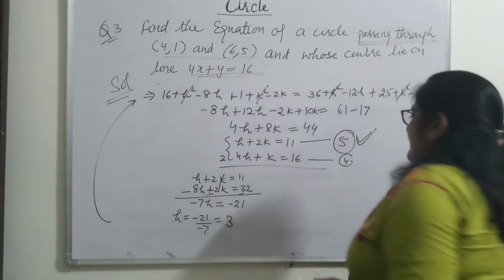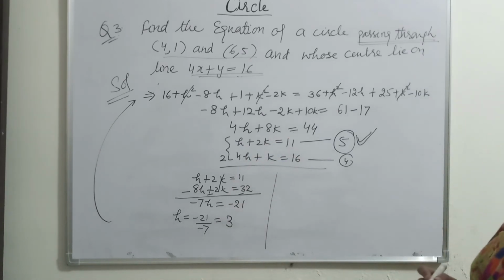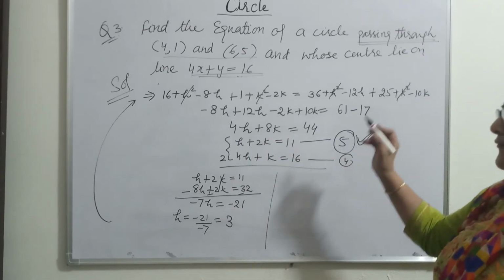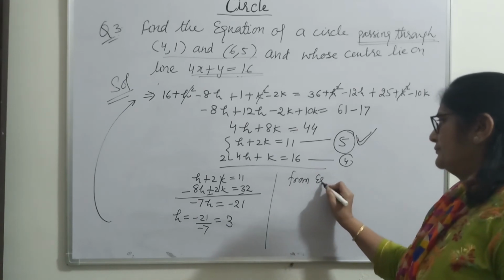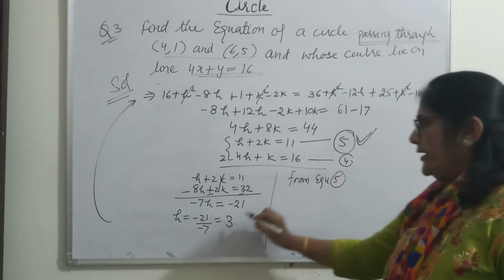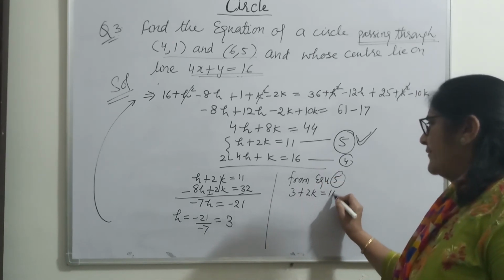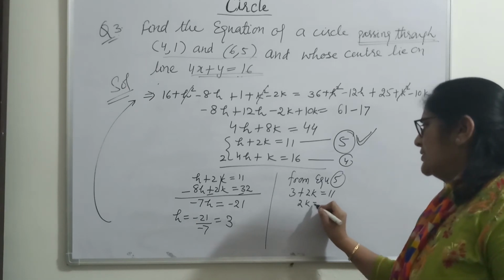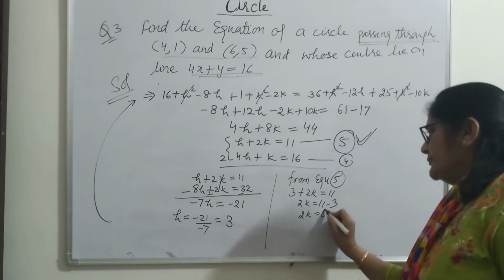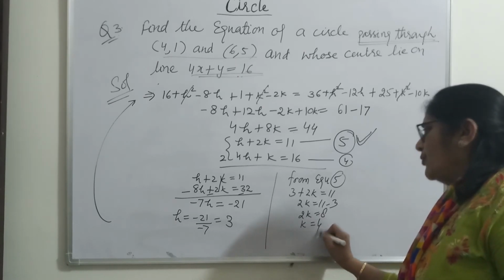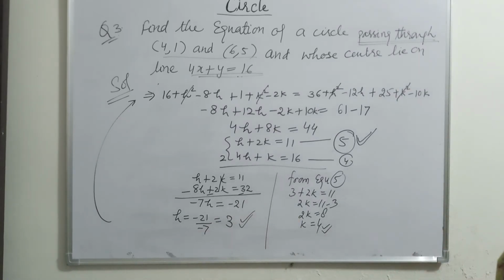Now to find the value of k, you can put the value of h in either equation 4 or 5. From equation 5, 3 + 2k = 11, so 2k = 11 - 3 = 8. k is 4.